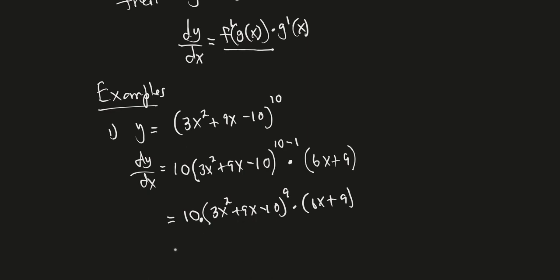Well, again, that doesn't sound like much fun, but what I can do using the commutative property, I can switch these two factors around. So basically, if you have A times B times C, well, that's the same as A times C times B. So I'm going to switch places of the composite here and the linear function here. So then it looks like this.